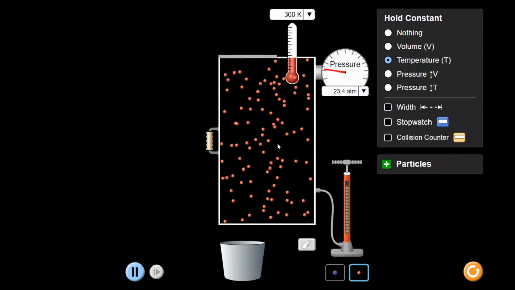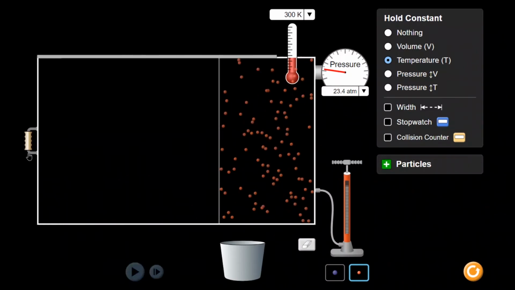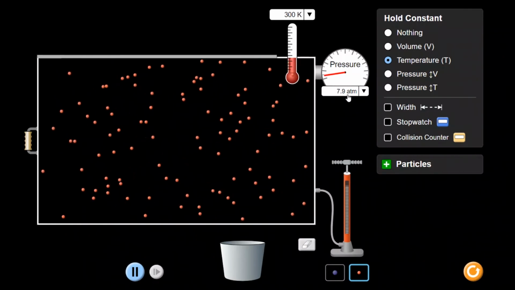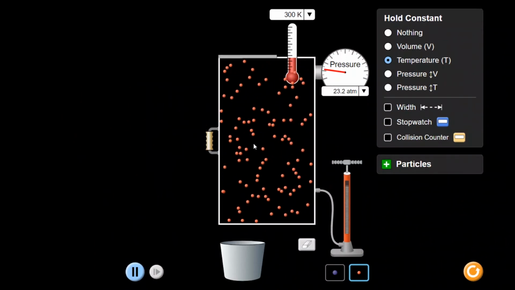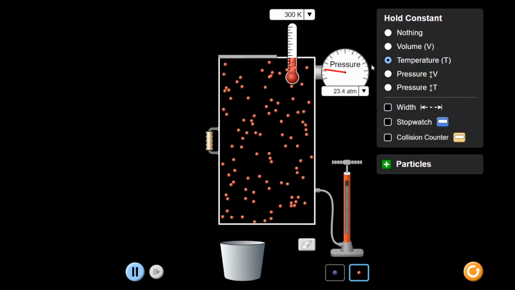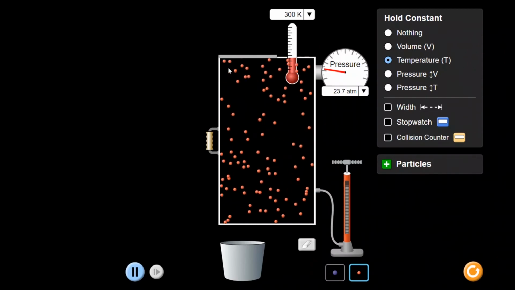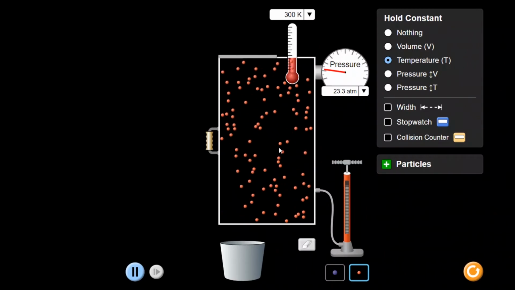And so what that means is that these two are opposites. If I increase my volume, my pressure decreases. So volume goes up, pressure goes down. Or if I decrease the volume, the pressure goes up. The reason your pressure increases is because there is an increase in the collisions. There's less room.